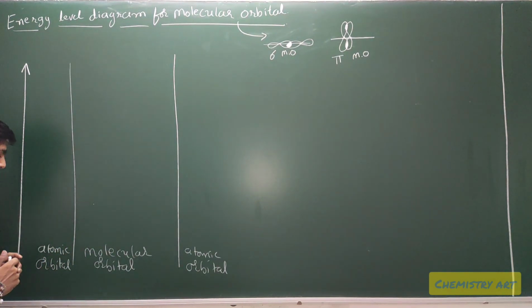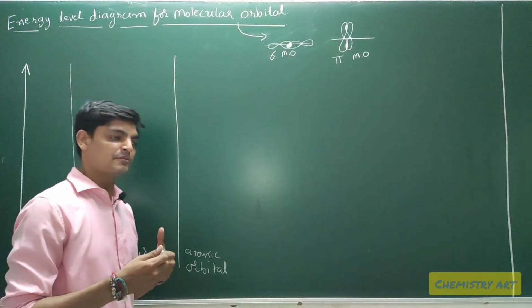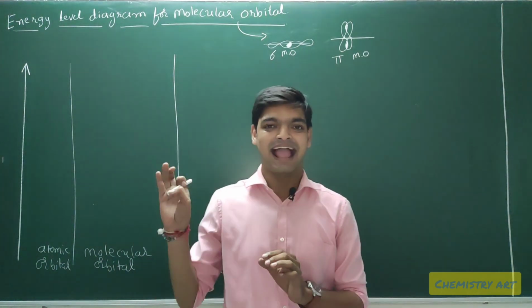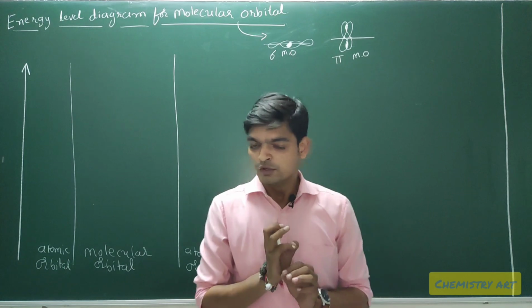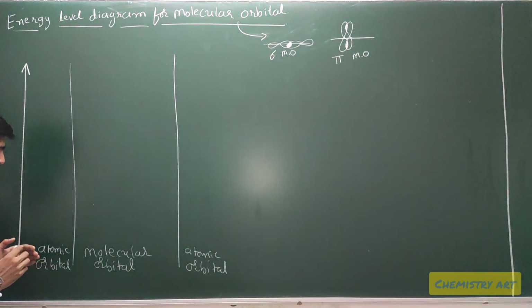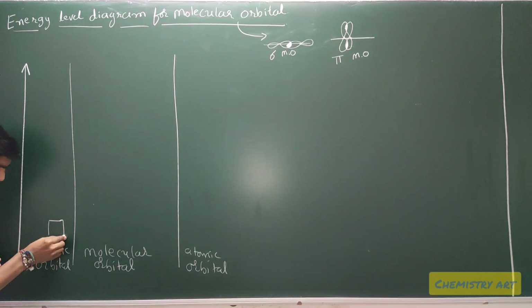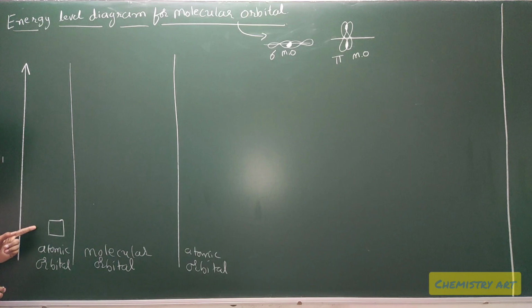So first of all, which atomic orbitals do we have? For example, s orbital, p orbital, d orbital, f orbital. What is the order of these atomic orbitals? First of all, you know that the lowest energy atomic orbital is 1s.